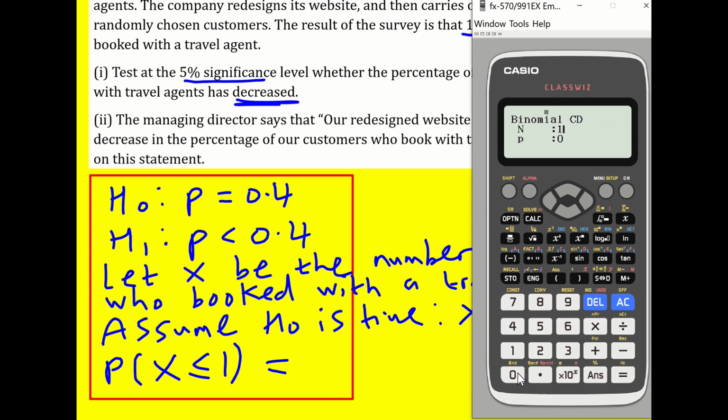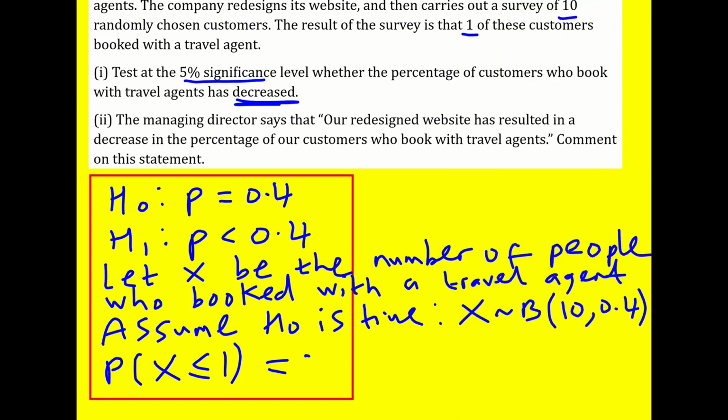And then I've got n is equal to 10, P is equal to 0.4. And I see that actually the probability of X is less than or equal to 1 is 0.0463, which is 4.63%.